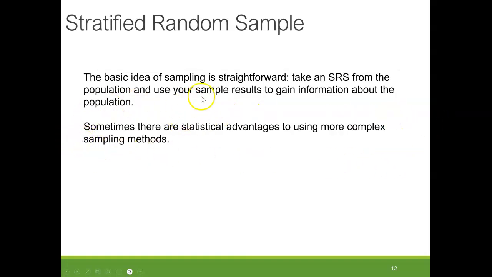Sometimes, again, a simple random sample is, in theory, easy to set up. In practice, it's often hard to execute. Like you set up a simple random sample for political polling, and you draw John Smith, and John Smith just will not respond to your phone calls, will not answer his door. You can't find him.